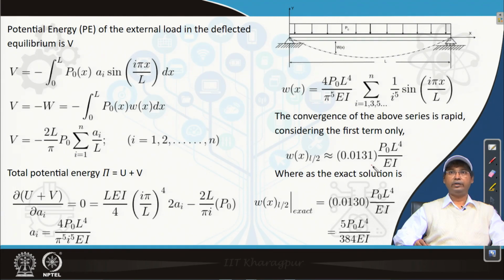This point is good to note: since our a priori assumption of w x is very close to the actual deflection curve, which is a sine curve, we are able to get almost the exact solution with the first term only.